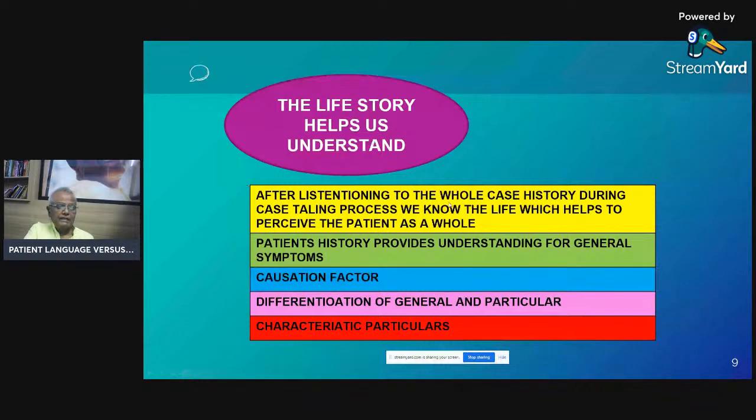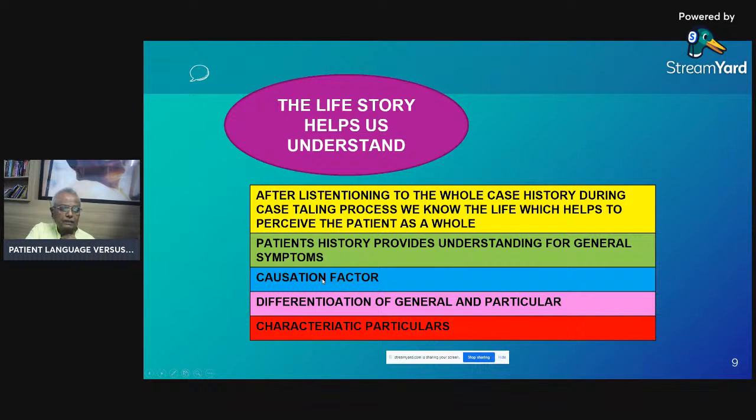After listening to the whole case history during the case taking process, we know the life, which helps us to perceive the patient as a whole. Patient history provides understanding for general symptoms, causative factors, and differentiation of the general and the particular, and the characteristic particular. So what do we have to find out? We have to find out the general symptoms.